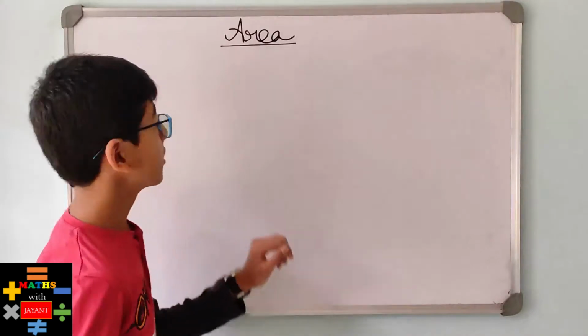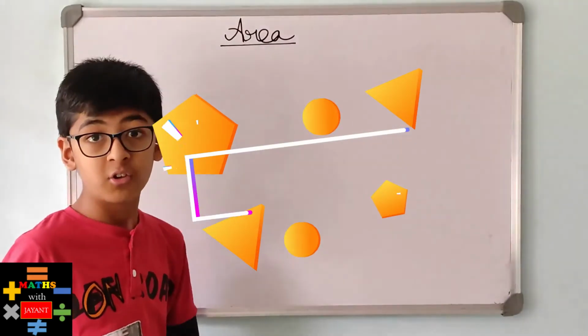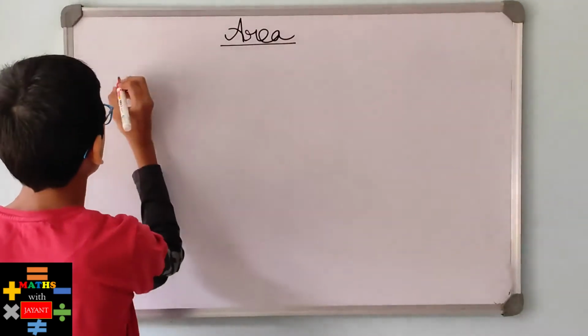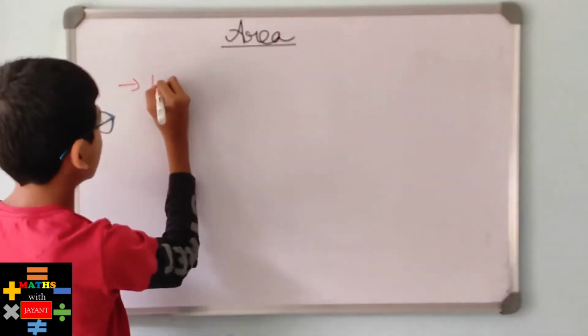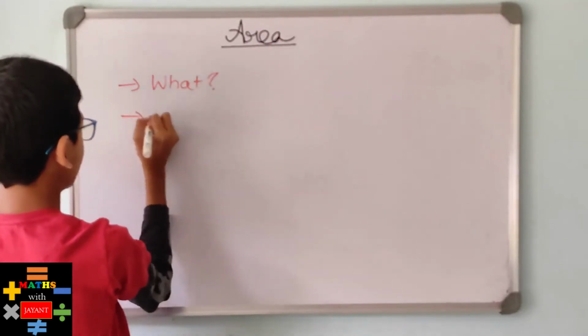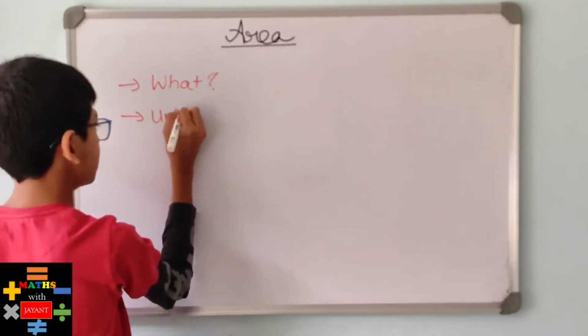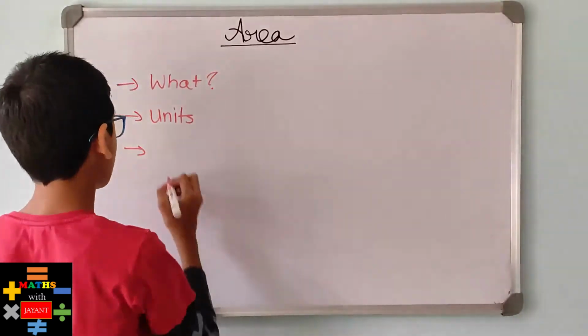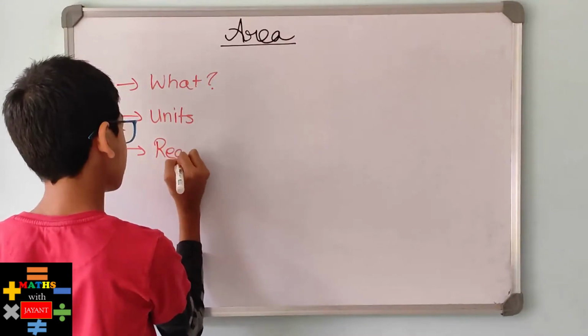Today we are going to discuss area. So what will we discuss in area? First we understand what is area. Then we will understand the units of area. Then we will also understand how to find the area of regular shapes.